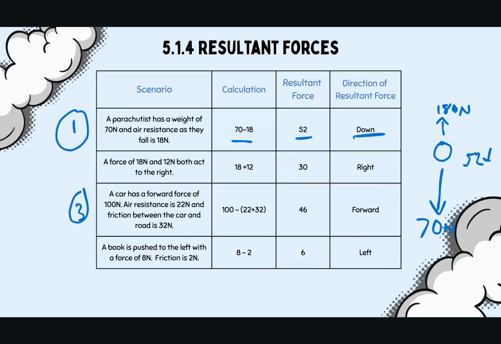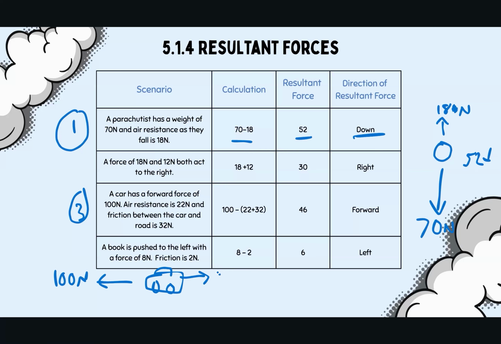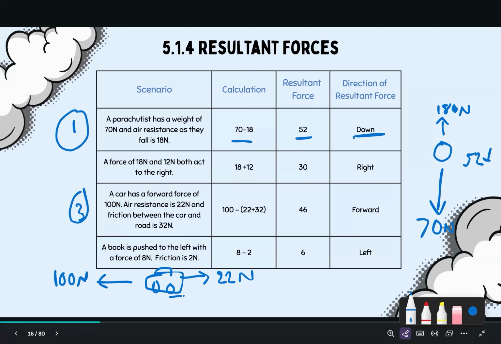Now here in number 3, we say a car has a forward force of 100 newtons. It has an air resistance of 22 newtons and friction between the car and the road is 32 newtons.